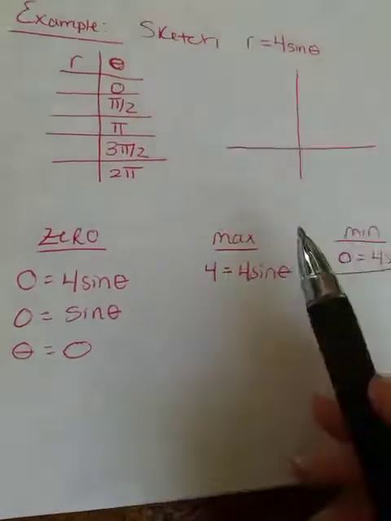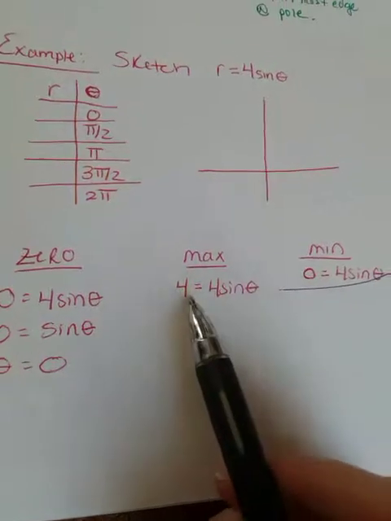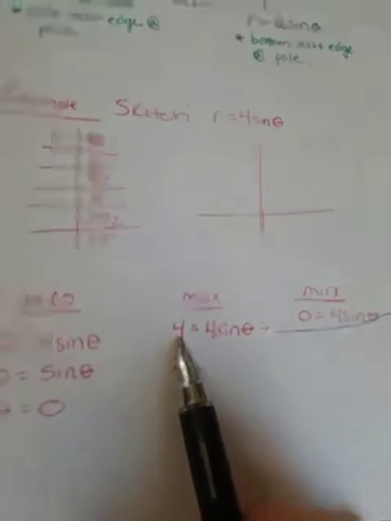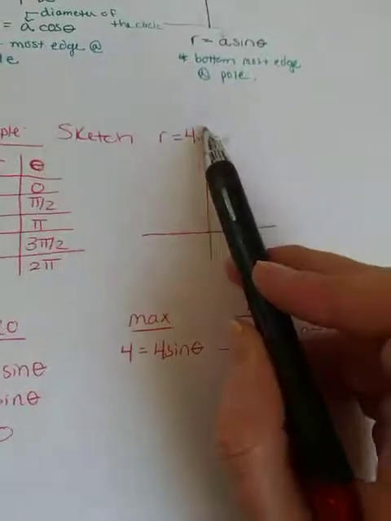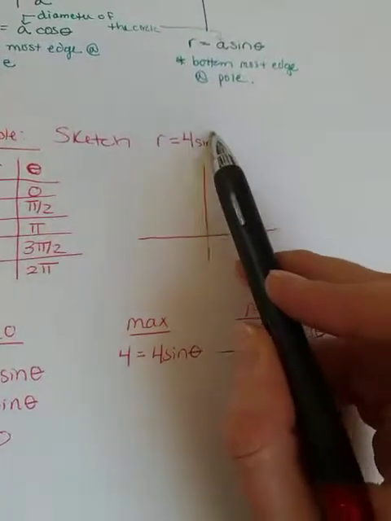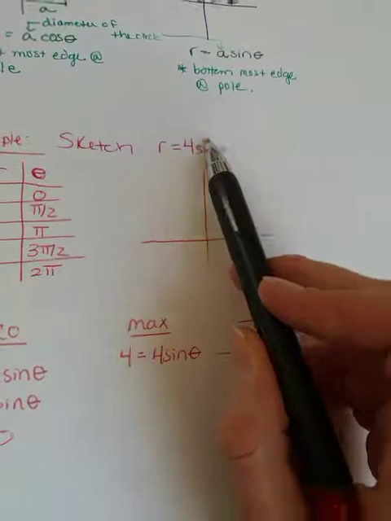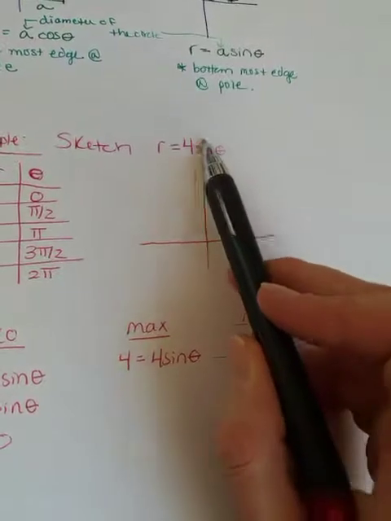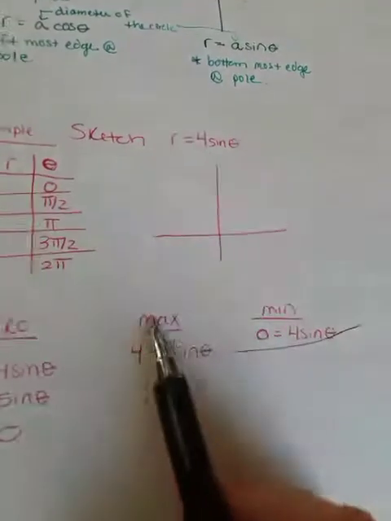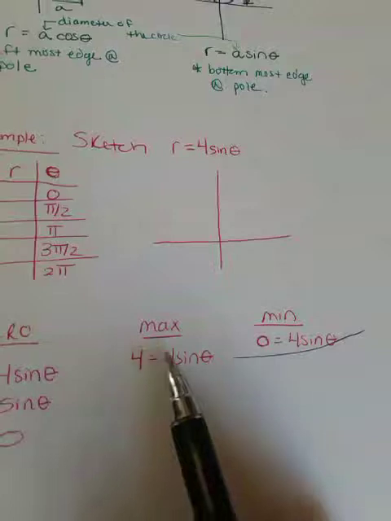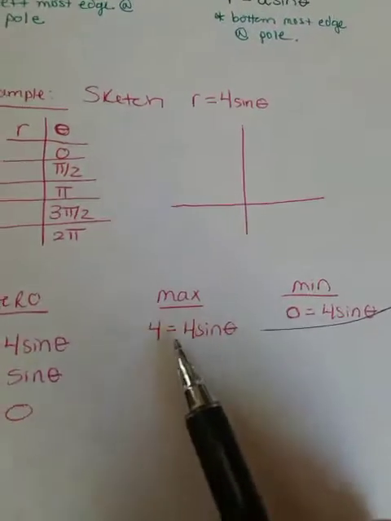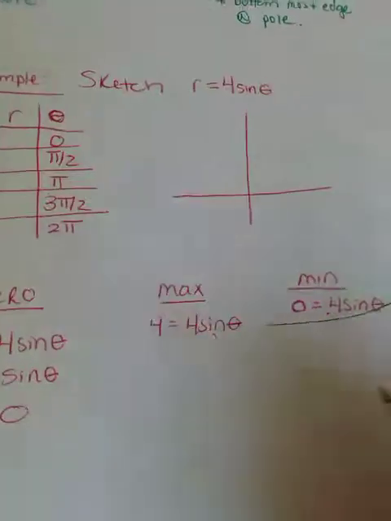Okay, my max. Well, how did I come up with this? This is your equation, and why did I put 4 in for r? Well, the largest number that sine of theta could actually be is 1. So if this was 1, 1 times 4 is 4. Some of you could figure this out without the equation, but some people sometimes like it, so I do show it.